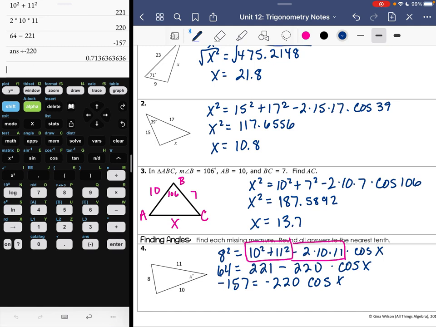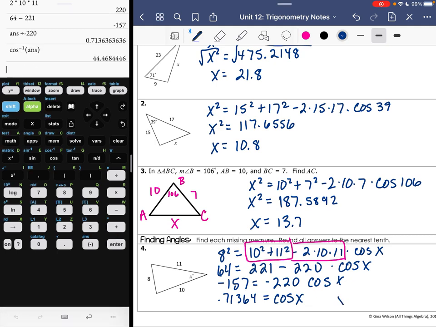So that's going to give me 0.71364 equals the cosine of x. Got a little too fast there. So that means we're going to do the inverse cosine of that answer and get that x equals 44.5 degrees. So this is an angle, so the answer is in degrees.